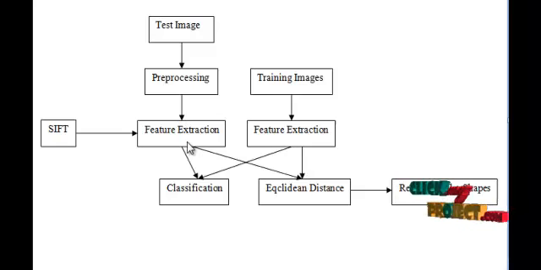After pre-processing, we extract the features from the input images. In order to extract features from the images, we use SIFT and the GLCM algorithms. SIFT features are extracted from the input images. These SIFT features give us the edge information of the input image.